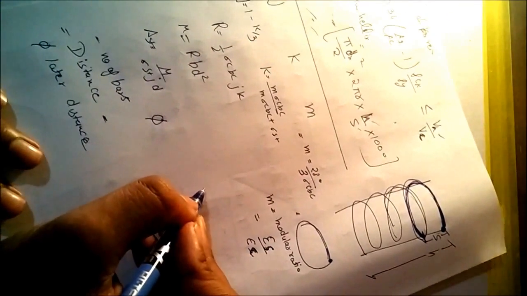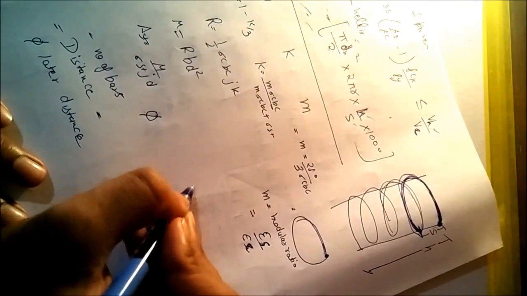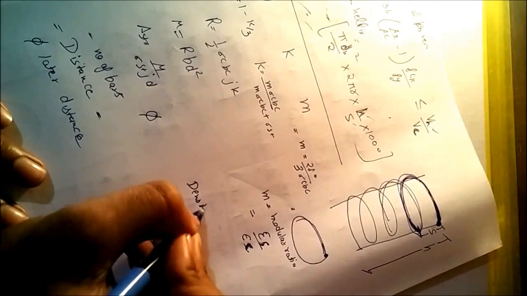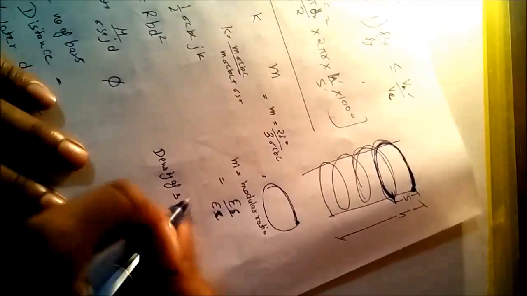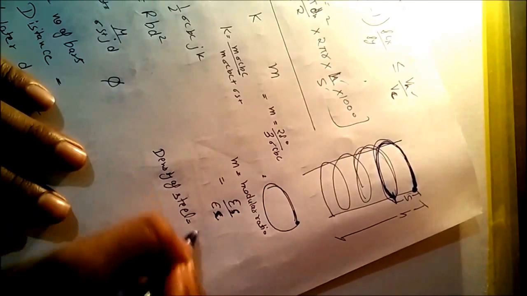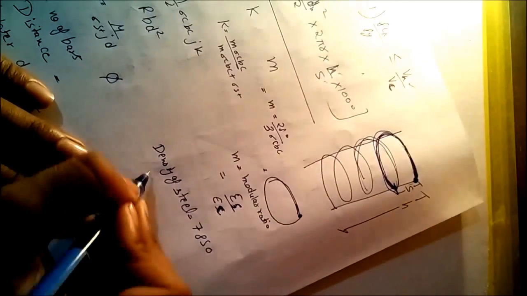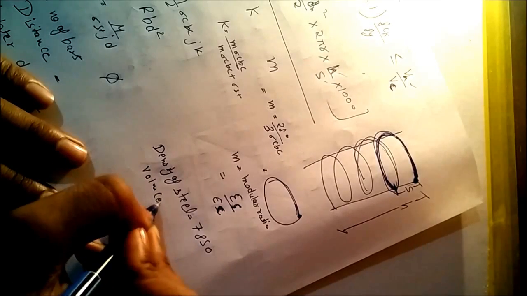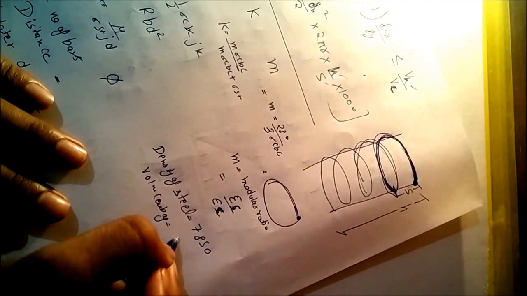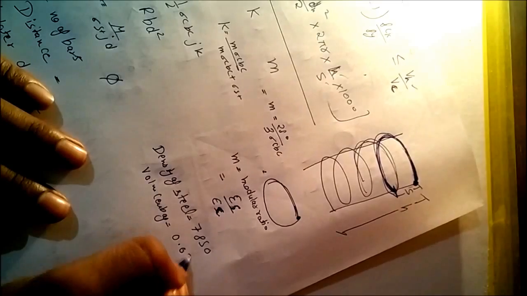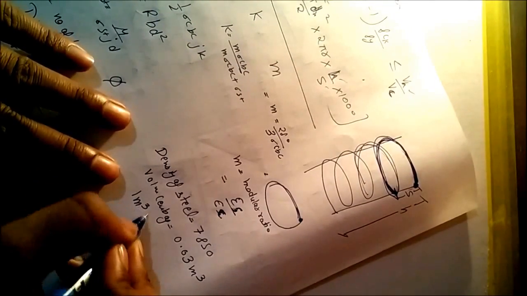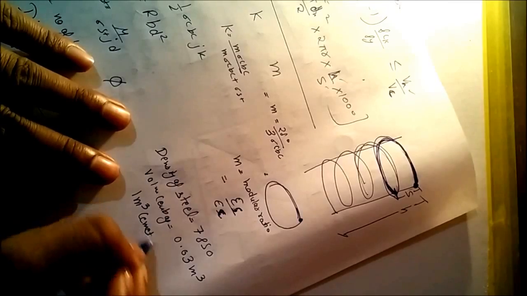Now as a structure engineer we should also know that the density of steel is 7850 and the volume of a cement bag is 0.03 meter cube, because 1 meter cube of cement needs 30 bags.